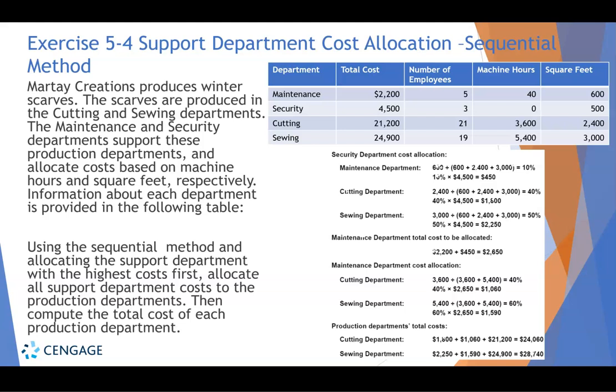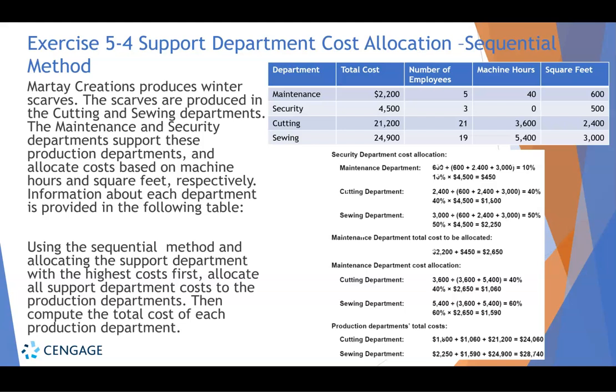So since the total square footage is 6,000 square feet and the maintenance department has 600, that's 10% of the total square footage. So the allocation will be 10% of the security costs. The cutting department will be 40% of the security cost, and the sewing department is 50% of the security cost.